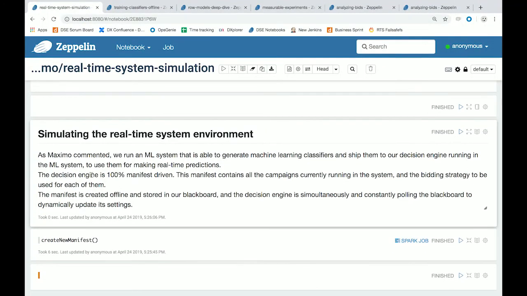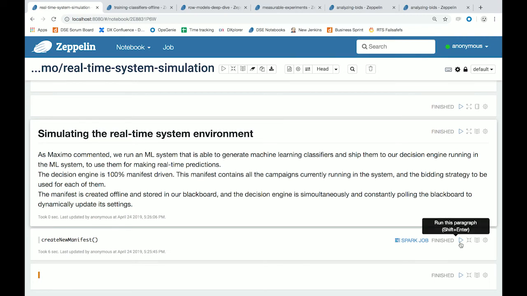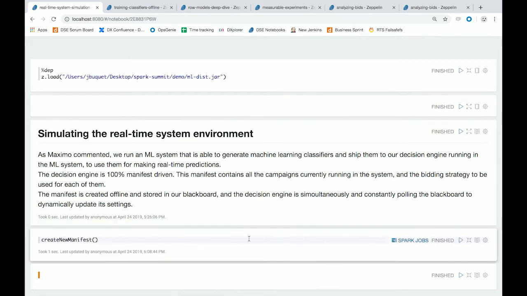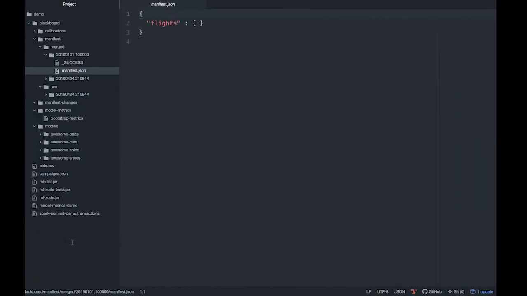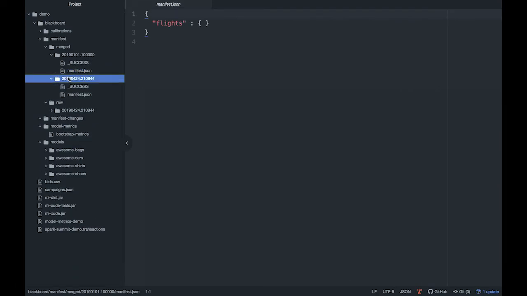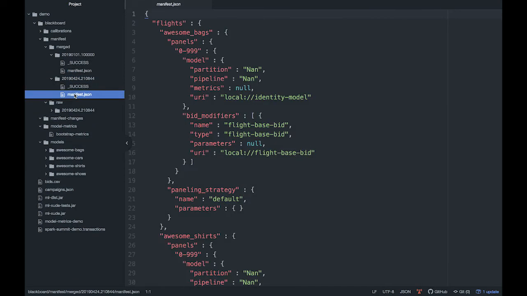To inform our real-time decision engine on what bidding approach to take for different campaigns, I need to create a manifest and drop it in my Blackboard. I have this notebook here, which has some utilities that are handy for doing this. I'll just run this cell, which creates a new manifest, and I can show you in my Blackboard that it indeed created a new manifest.